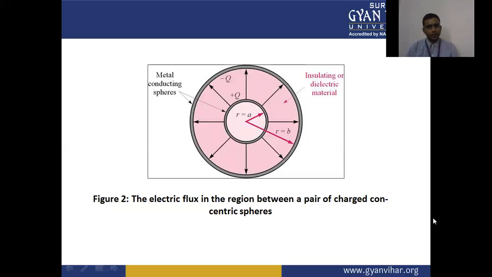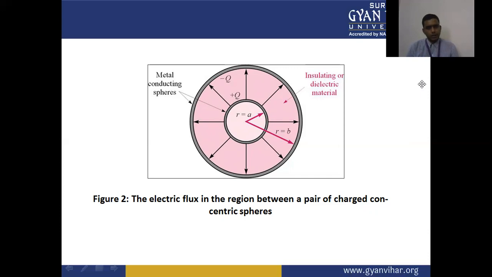This is the electric flux in the region between a pair of concentric spheres. In this figure, we understand that r equal to a is the radius of the inner sphere, and r equal to b is the outer sphere.